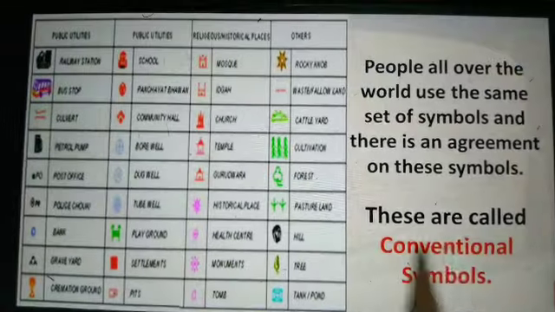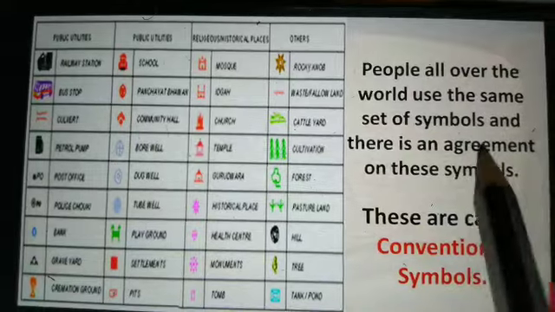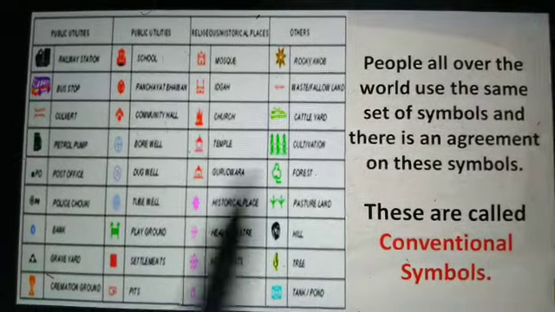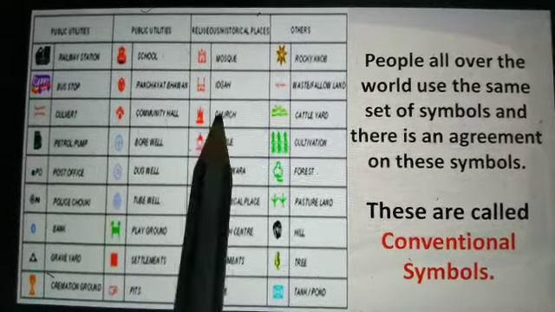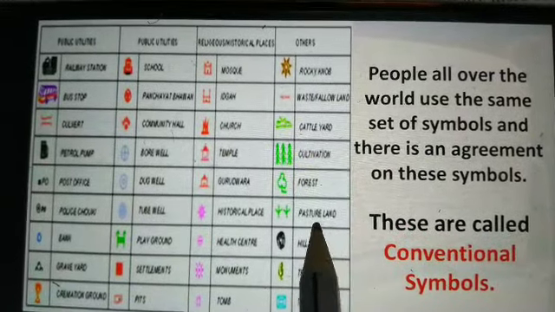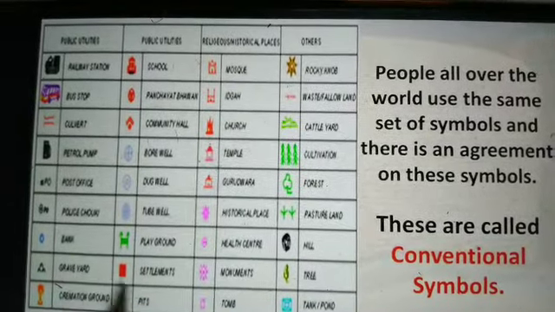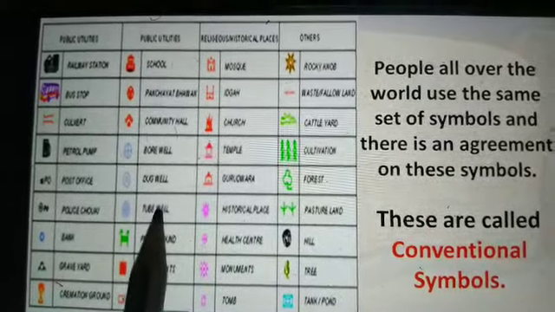So conventional symbols means what? These particular symbols are drawn in every map all over the world, to show any features or elements in the map. You can find them in a book also.